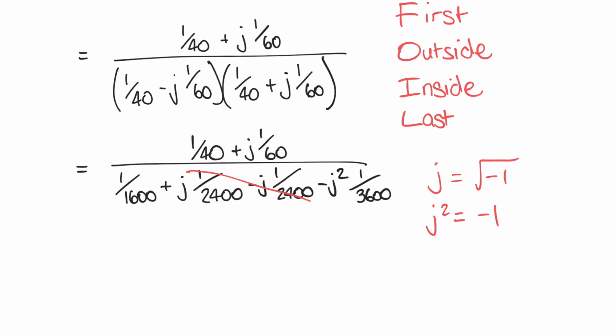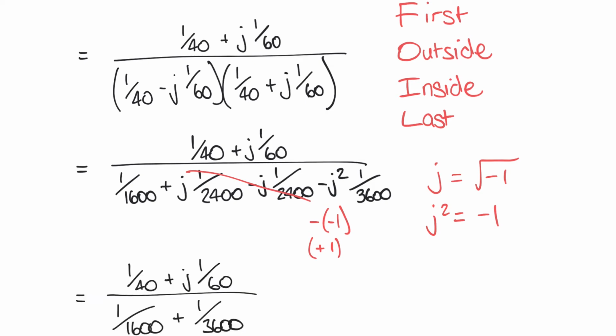So really what we can say is that this whole term here, minus j squared times 1 over 3,600, is just plus 1 over 3,600. That j squared term becomes a minus 1, and minus minus 1 is just a plus. So we have plus 1 over 3,600. And so let's simplify all of that, taking into account these two terms have gone and the j squared term has become positive.